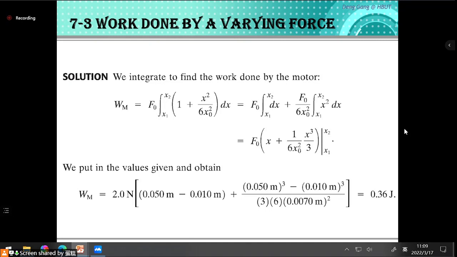And we substitute the values into this equation for the work. So this is one dimension. The integration can help us.